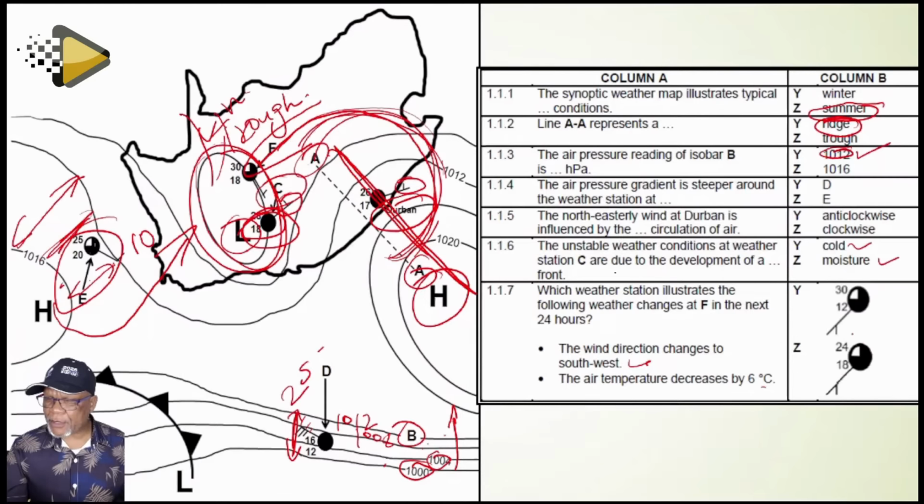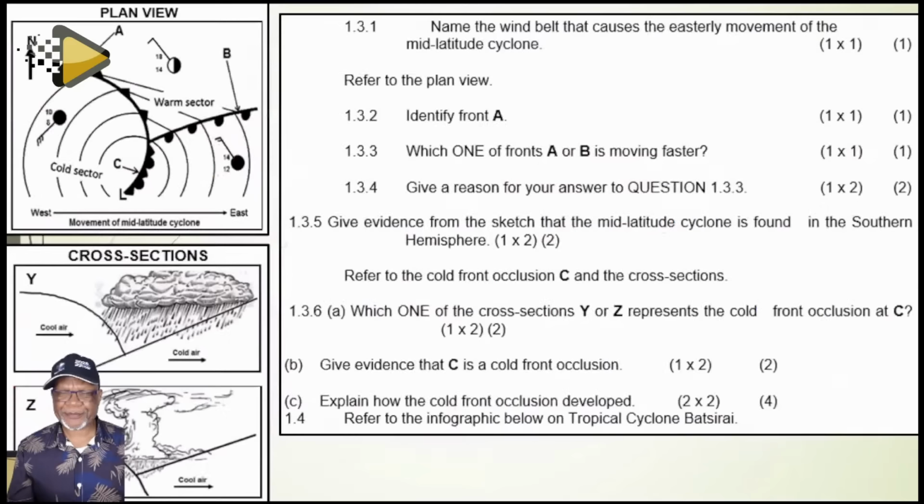So this is the station model that shows these characteristics, where the difference is between the dew point temperature, which is at the bottom. This temperature is called dew point temperature, or minimum temperature, and this one is called maximum temperature or air temperature. So this is where you have the difference. Which means the correct answer there will be number Z.